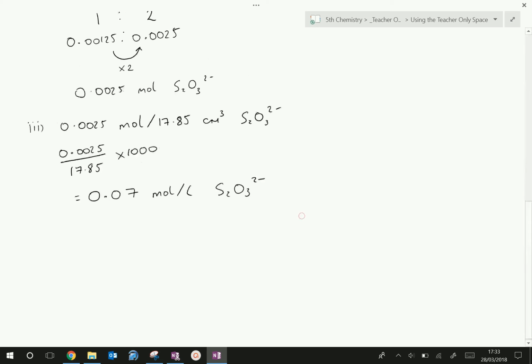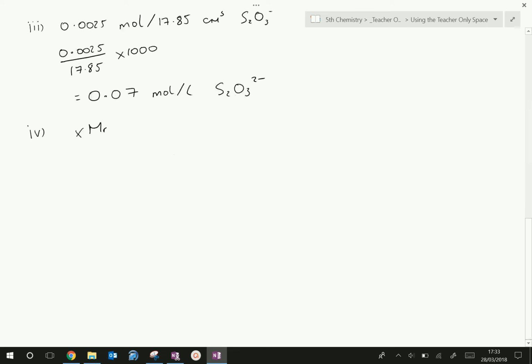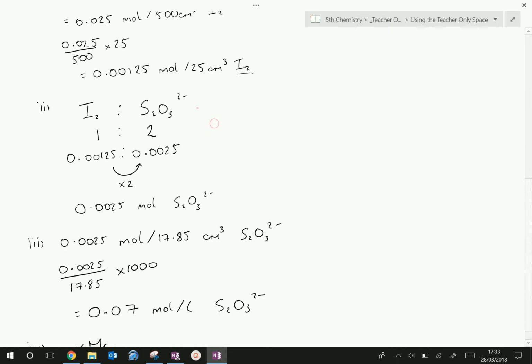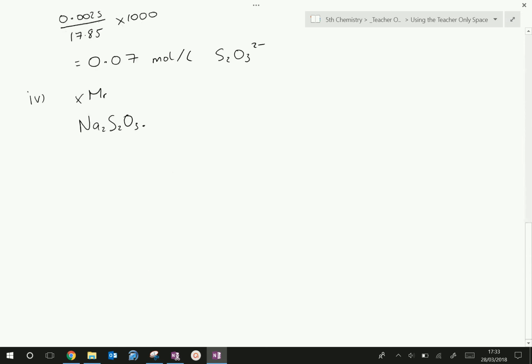So I need to turn this moles per litre value into grams per litre, which means multiplying by the molecular mass. And the molecular mass is Na2S2O3 dot 5H2O.